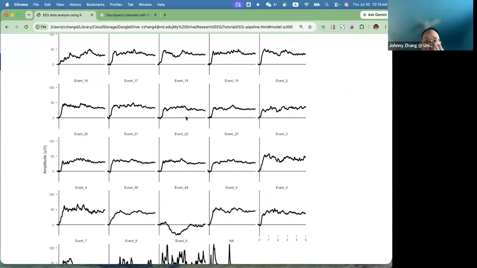This is the watch condition, I believe, and this is the changing condition of the experiment, which means in this condition the participant just watches the image, and in this condition the participant needs to do a praise of the image. So we can see the difference here for the epoch.